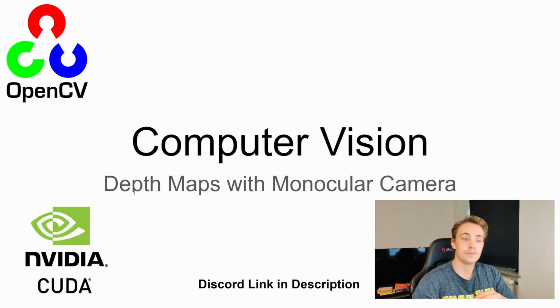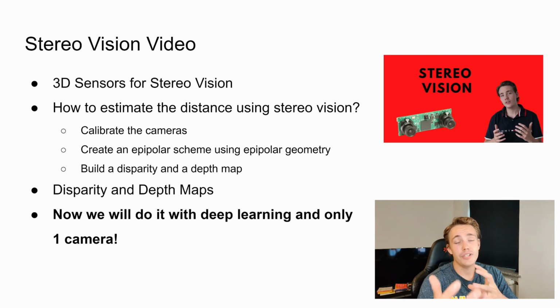So thank you guys. First of all, we're going to have a short recap as we had in the C++ depth map video, where we talk about the things we've been through regarding how we can get depth information in images by using stereo vision, how to estimate the distance and depth to different points in the image, and also how to create these disparities and depth maps, which we can now create with deep learning models instead, where we just pass our image through the model.